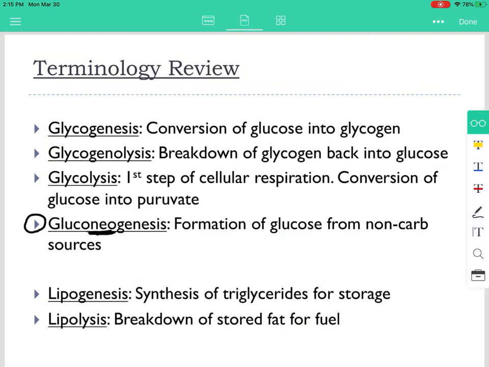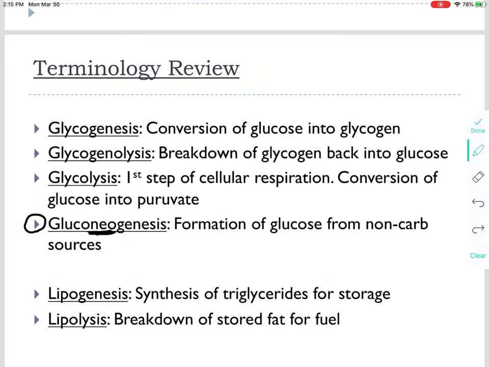Even though I skipped this part of the lecture, I think it's an important term for you to know. Sometimes we can take the glycerol, part of triglyceride, and we can convert it into glucose. Or we can take a portion of the protein and form glucose. So gluconeogenesis, anytime that we form glucose from a non-carbohydrate source.